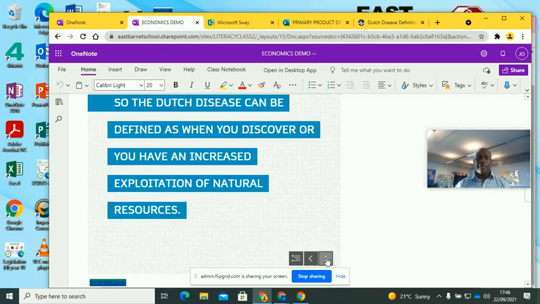So the Dutch disease can be defined as when you discover or you have increased exploitation of natural resources. So suddenly you've discovered a lot of natural resources, or you have increased exploitation because you feel there's evidence there are natural resources. So you want to try to exploit that situation.